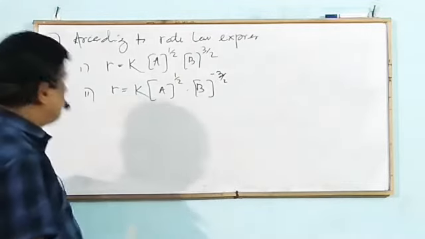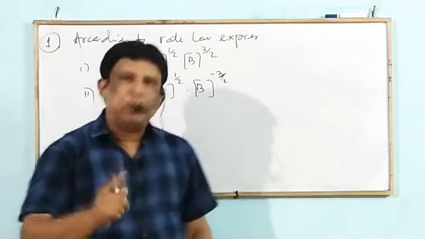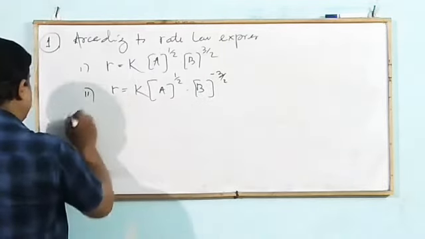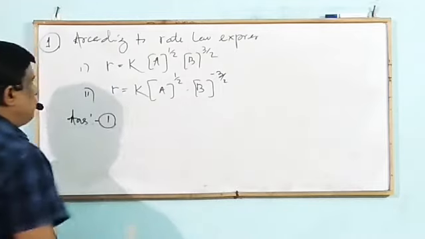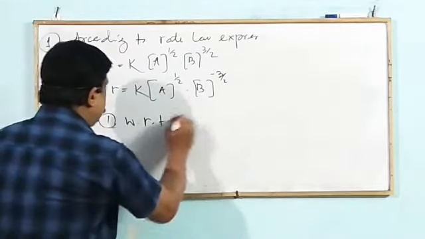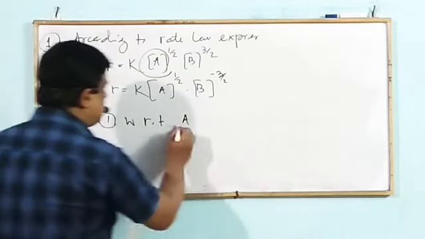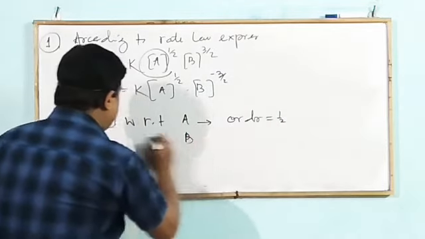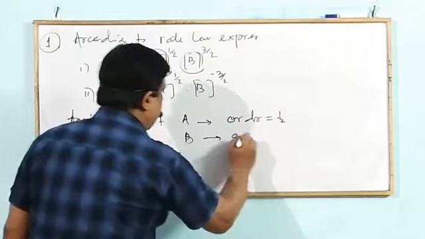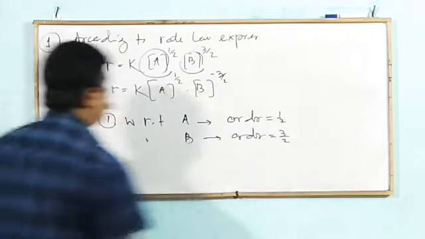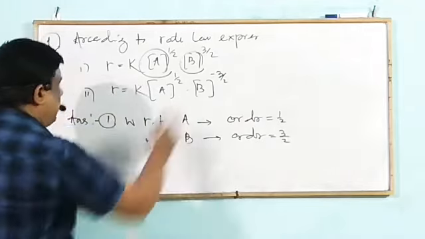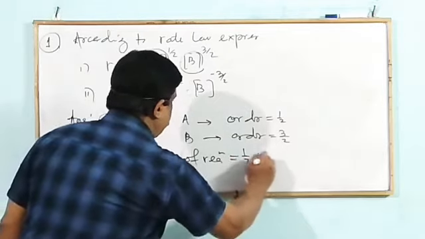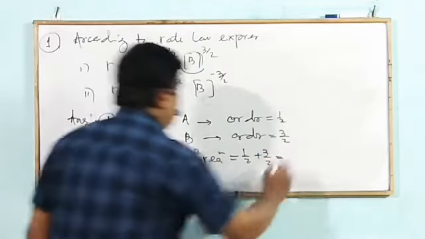The question is: calculate the order of individual ones and as a whole for the reaction. How do we solve? Mark that. First we solve bit 1. With respect to A, the order of reaction is half. With respect to B, the order of reaction is 3 by 2. As a whole, the order of reaction is 1 by 2 plus 3 by 2, that is 2.